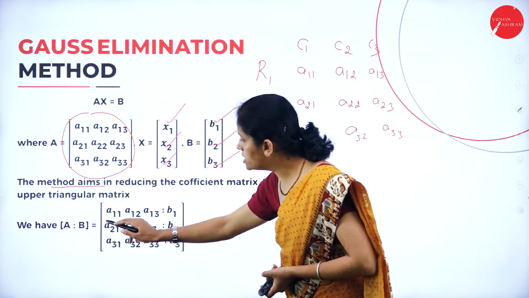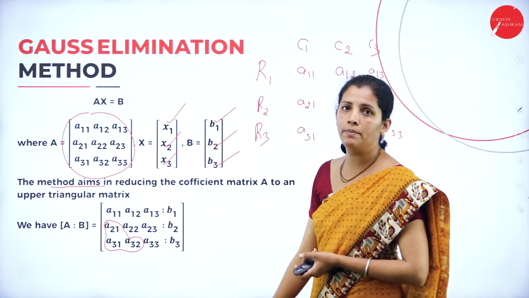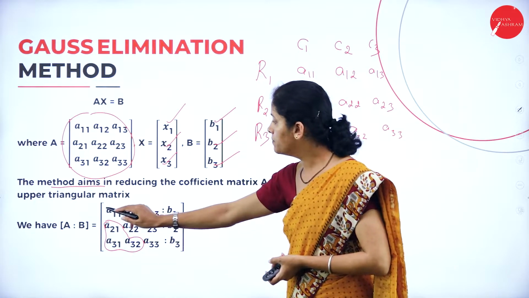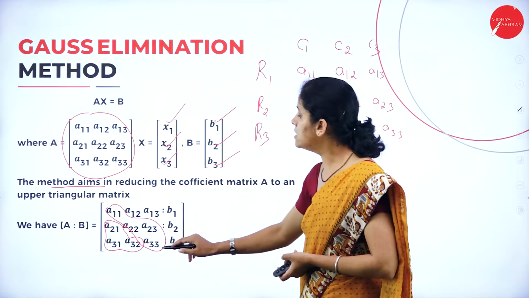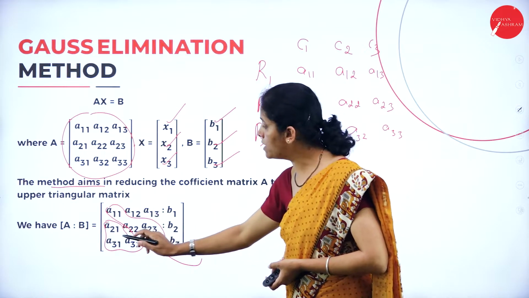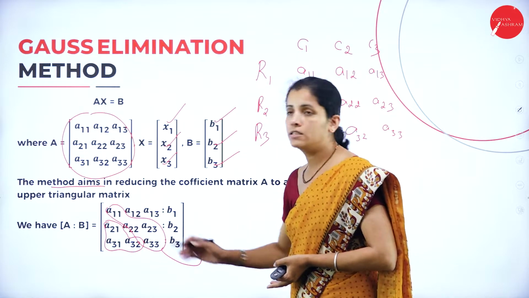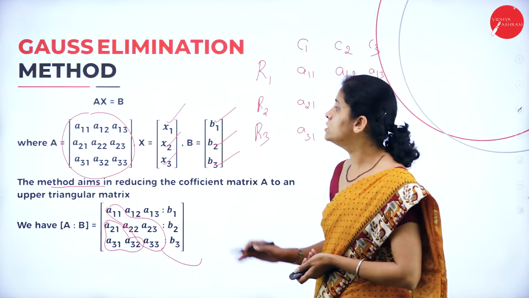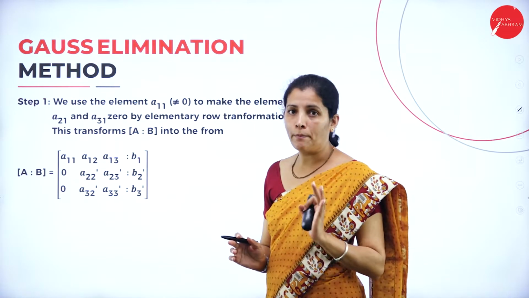That means I just want to make only these three elements 0, and if I consider the remaining ones, this is the diagonal. I just want to make A21 = 0, A31 = 0 and A32 = 0. So for that I have this step 1.